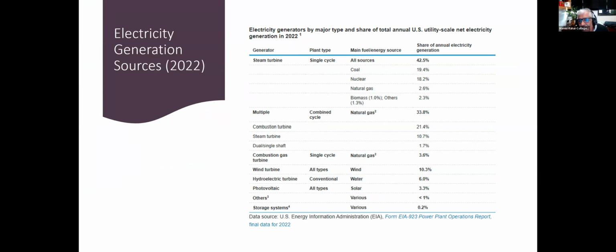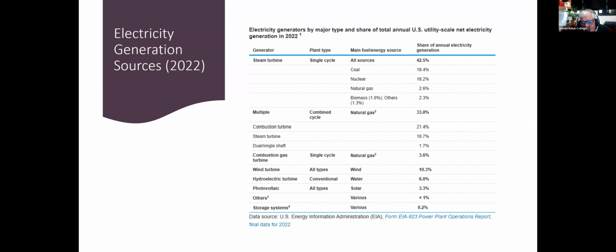Of that 42.5%, 19.4% is generated by coal, 18.2% nuclear, 2.6% natural gas. Even though it has increased, it's not there yet in terms of generating electricity. And biomass is on the same order, 2.3%. Natural gas combined cycle has grown quite a bit. That is 33.8%.